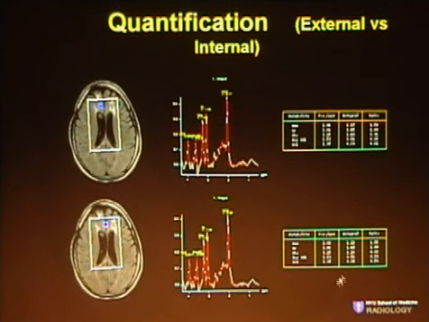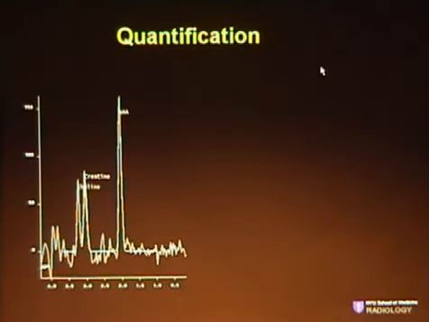When we do MRS, regardless of what manufacturer you use, most of them are spitting out these numbers and these ratios now, so you can obtain this automatically from the software, and you can use that if you like. We've tended not to use that because I think we're able to quantify the ratios ourselves.